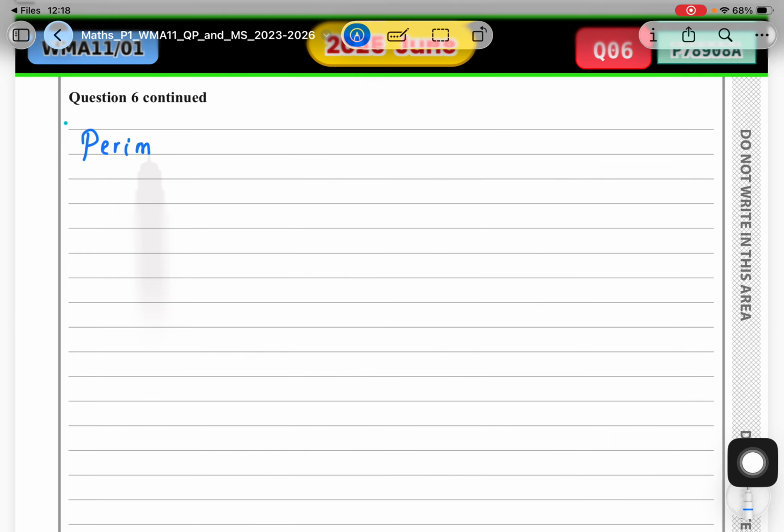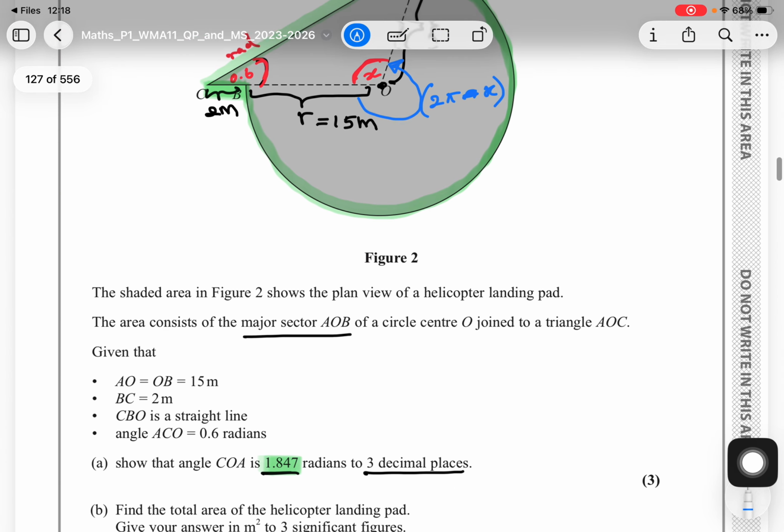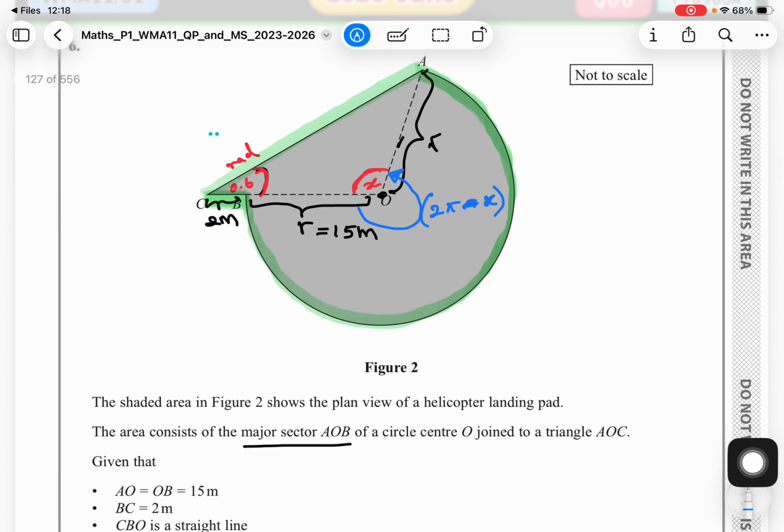So we can see perimeter equals arc length plus 2 plus AC.